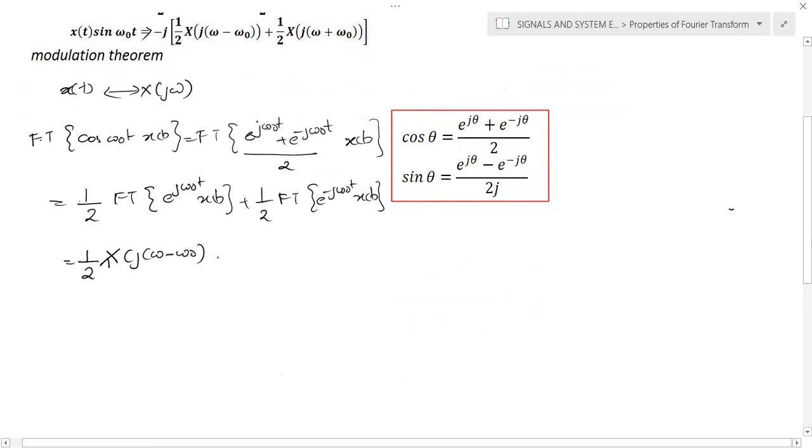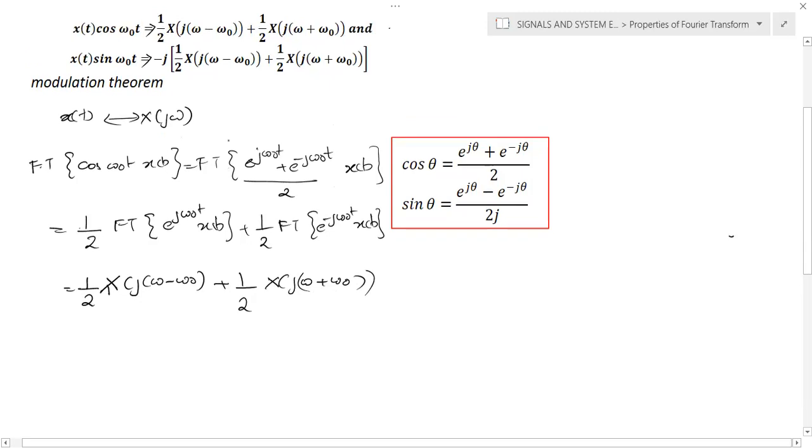We can also apply the linearity property here, because we need to find the transform of two different signals. So you can write 1 by 2 x of j omega minus omega 0 plus 1 by 2, and the transform of the second term is x of j omega plus omega 0. So this is the proof for the first equation.